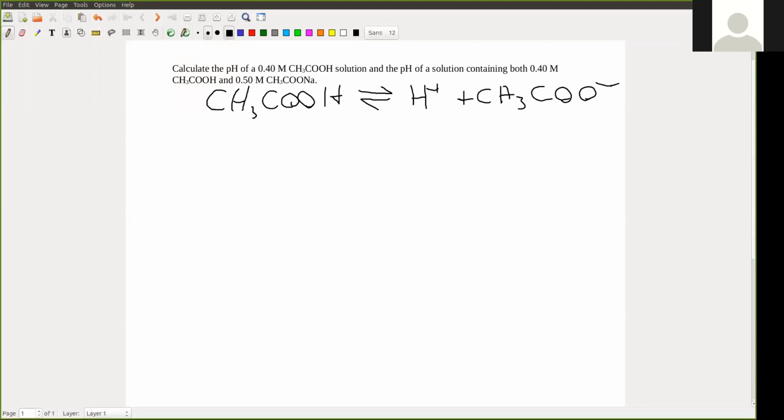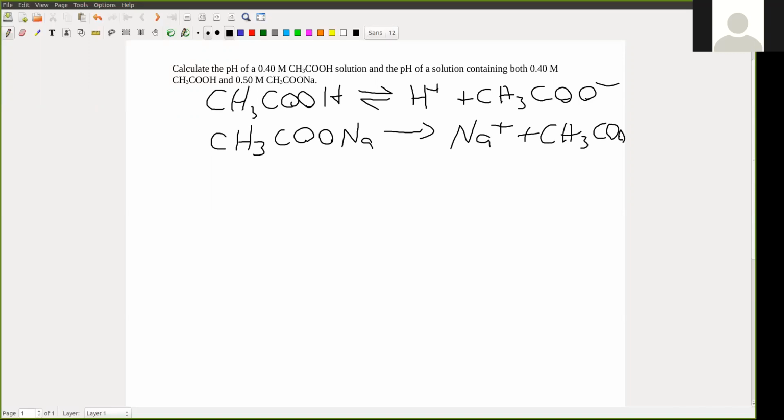And similarly, sodium acetate will dissociate, except sodium acetate will completely dissociate. It's a salt, so it does not come into equilibrium. And it will yield a sodium ion plus the acetate ion as well.